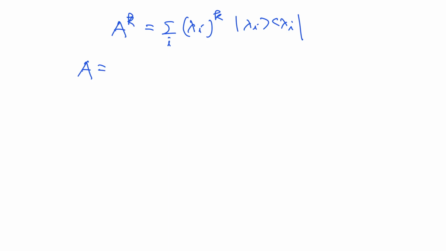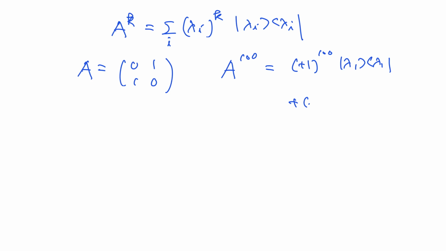So when A is equal to 0, 1, 1, 0, what is A to the 100? This is minus 1. Then you know the answer, which is 1 to the 100 is 1, right? Minus 1 to the 100 is again 1. So the result is identity.